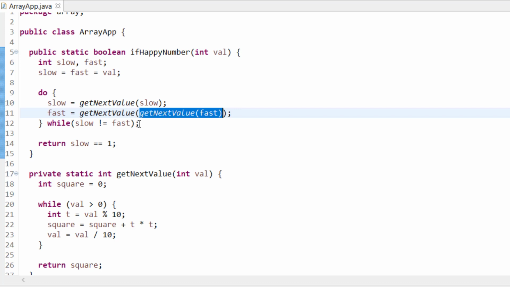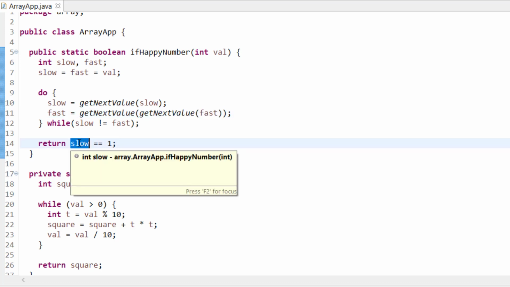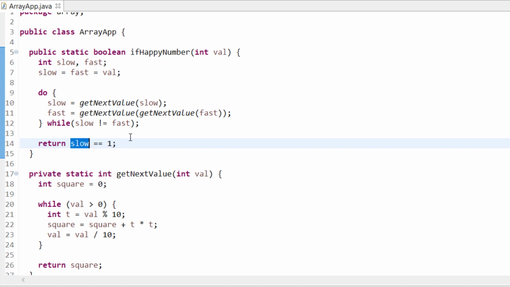Whenever slow is equal to fast, we know they meet at one point, because we have a loop in both cases. But the difference is that if slow is equal to 1, it means this is meeting at a happy number. So if it is a happy number, it will return true, otherwise it will return false, right? So this is how we can calculate whether a given number is a happy number or not, right?